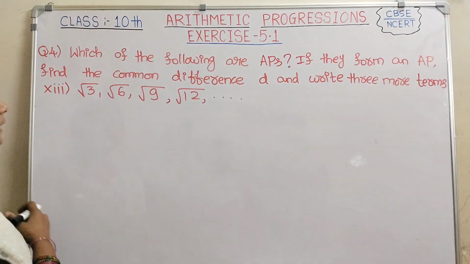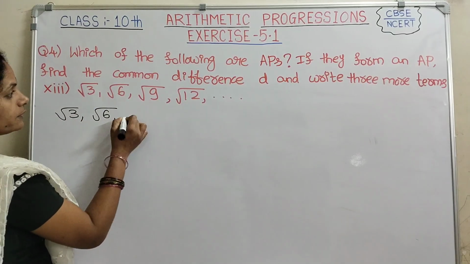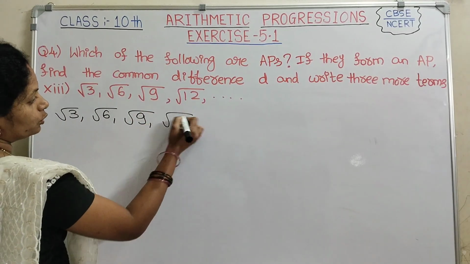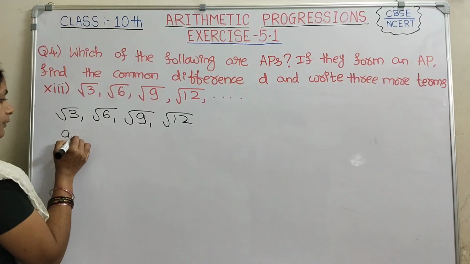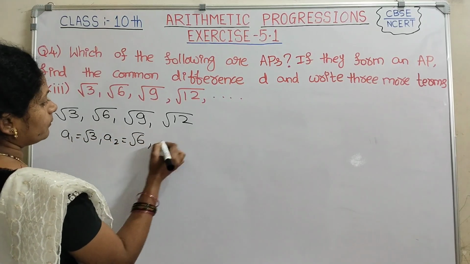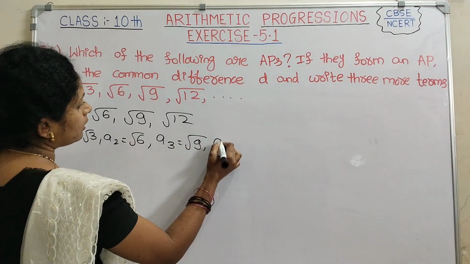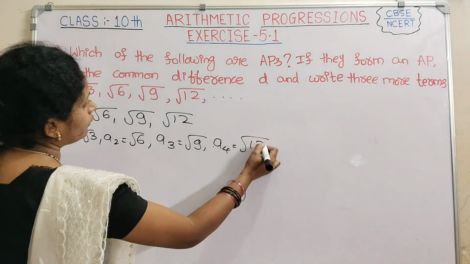Let's take the 13th question. Root 3, root 6, root 9, root of 12. A1 as root 3, A2 as root 6, A3 is equal to root 9 and A4 is equal to root of 12.